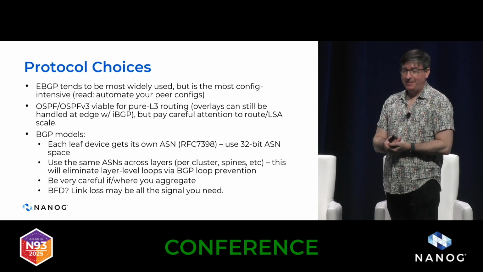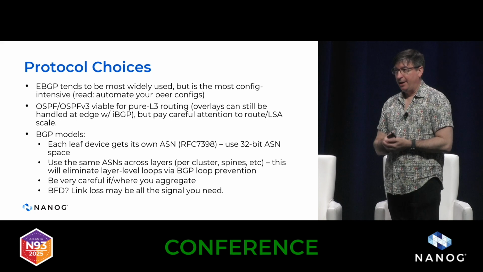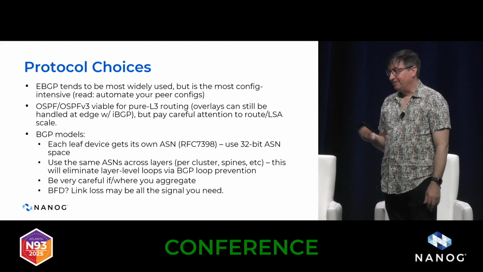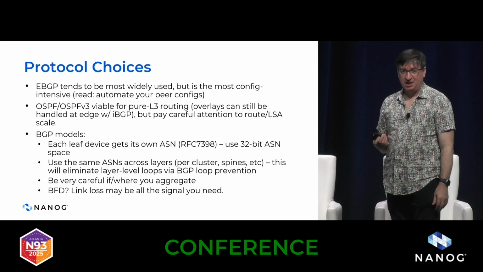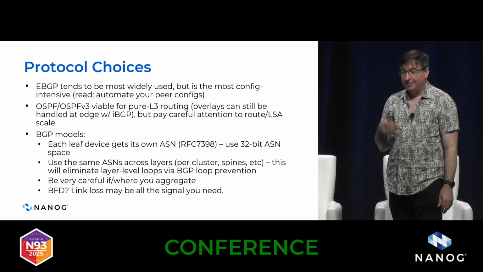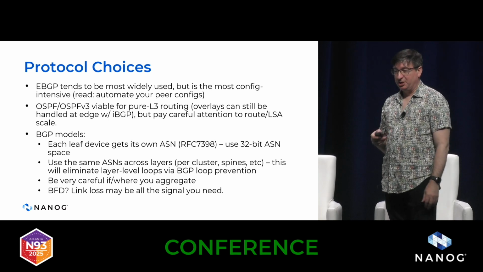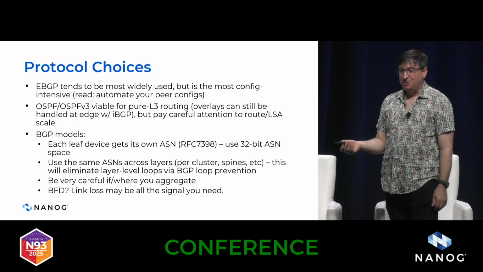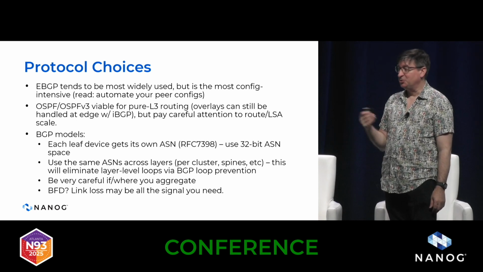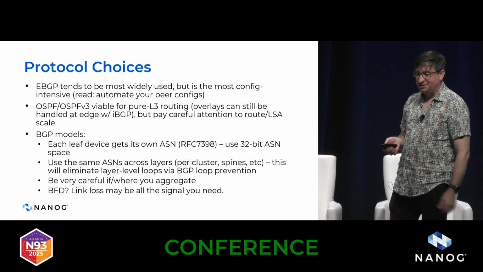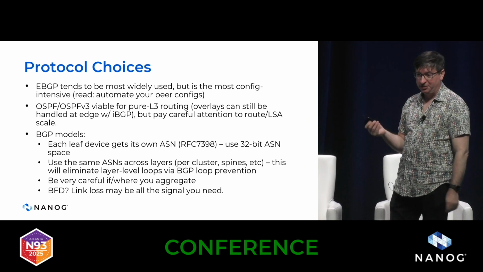Passive BGP might help here, but just keep that in mind. OSPF is perfectly fine for up to a certain size, or if you're really good at your OSPF design, larger sizes. Overlays generally are still going to need BGP. So if you're doing OSPF as your IGP, you may need BGP between your leaves in order to support VXLAN or Geneve. Pay careful attention to your route LSA scale if you're going through this.